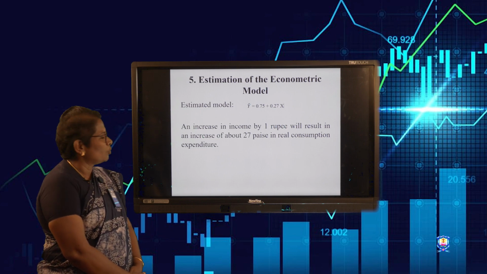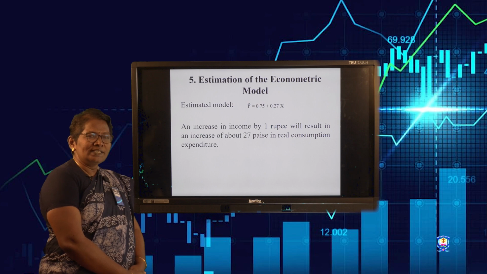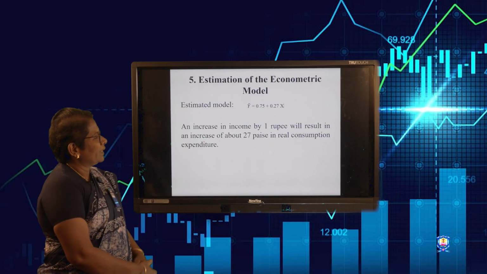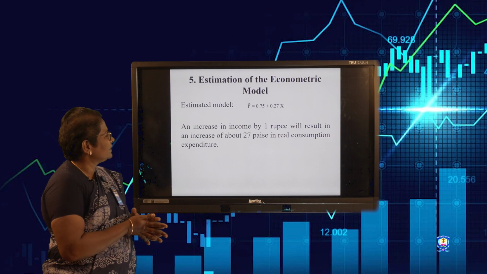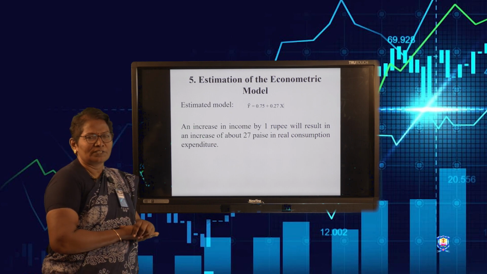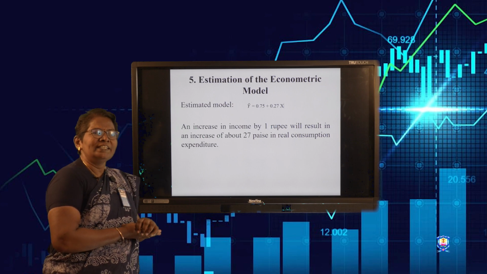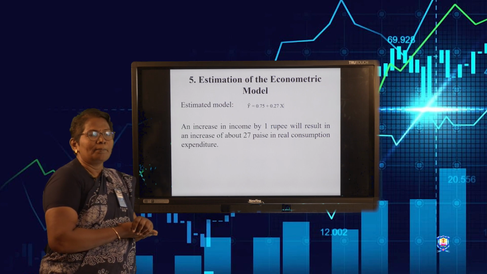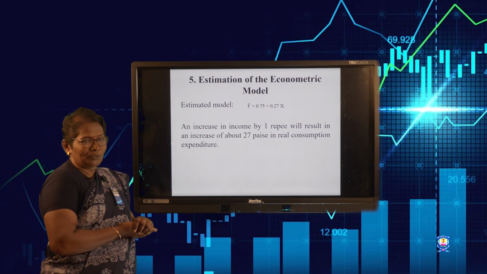MPC is equal to 0.27. So, this estimated model indicates that an increase in income by 1 rupee will result in an increase of about 27 paise in real consumption expenditure. Or in other words, when income increases by 1 unit, consumption also will increase by 0.27 units.